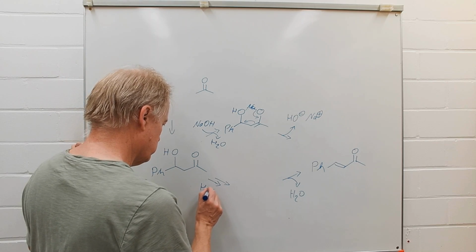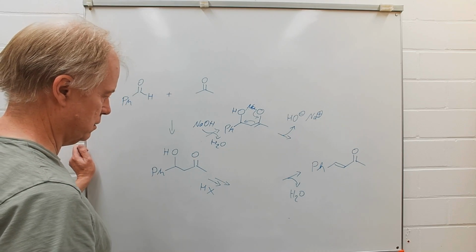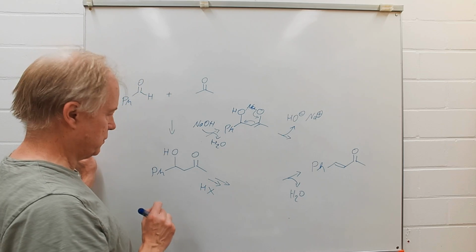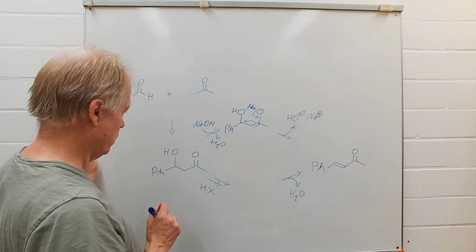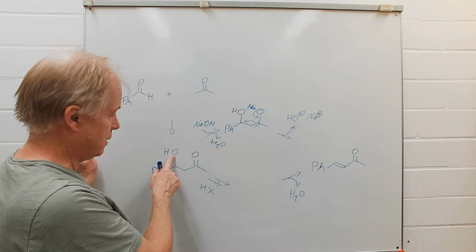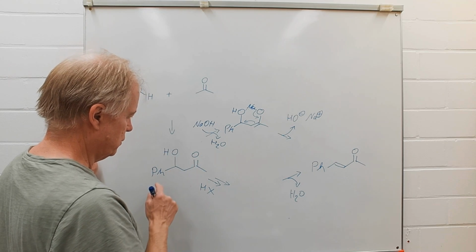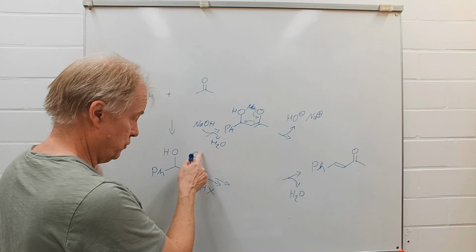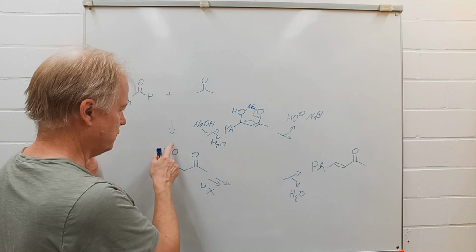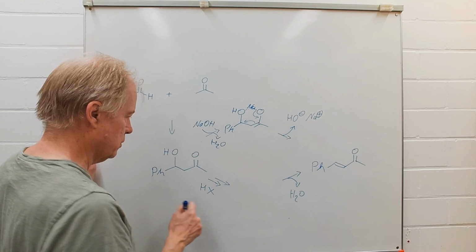Let's choose something like HX, might be hydrochloric acid, for instance. Then several steps will occur. Protonation here at this oxygen, and additionally also protonating here and deprotonating there. This means we have a protonated OH here and an enol there.